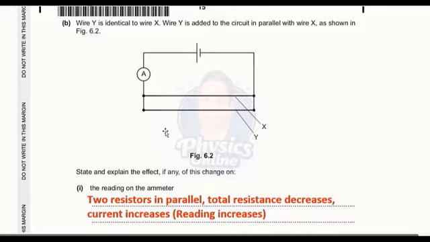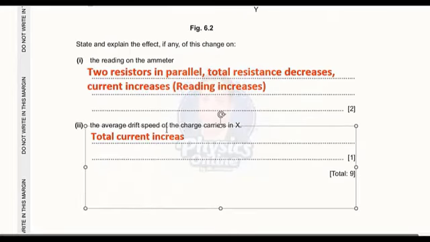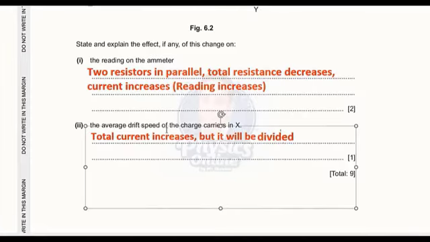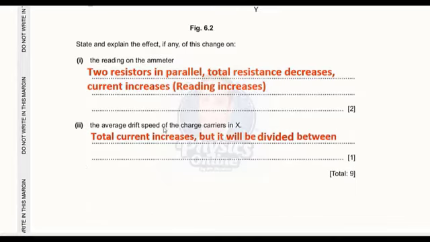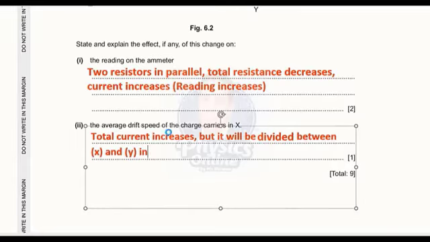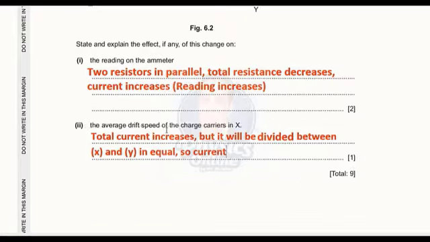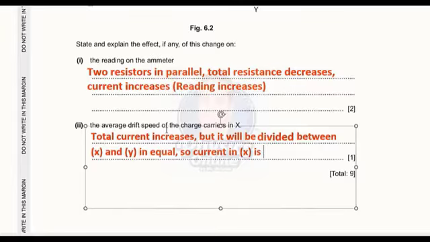So the current in X is the same as before adding Y, because the main current is divided between X and Y equally. Why equally? Because they have the same resistance. So the current in X is still the same, so the average drift speed does not change.